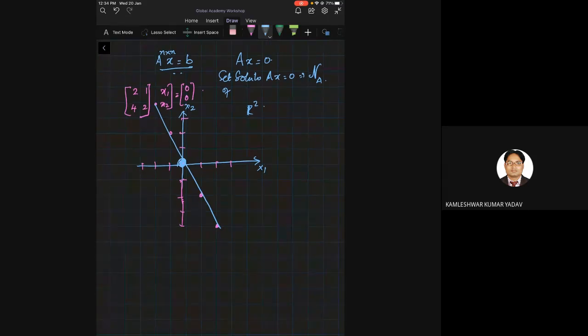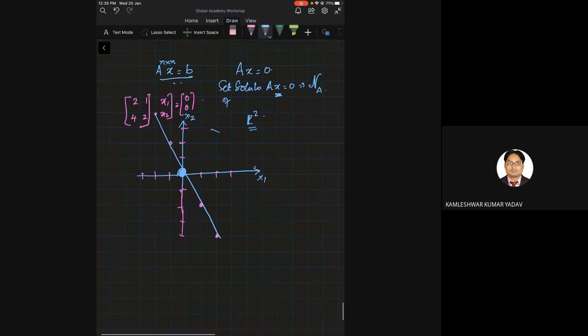Null space of A basically has done this to R2. It says, I have one subspace, which is the set of all those points which are solutions to this. All the rest of the points which are not on this line, I don't really care. They don't even form a subspace. Why would they not form a subspace?